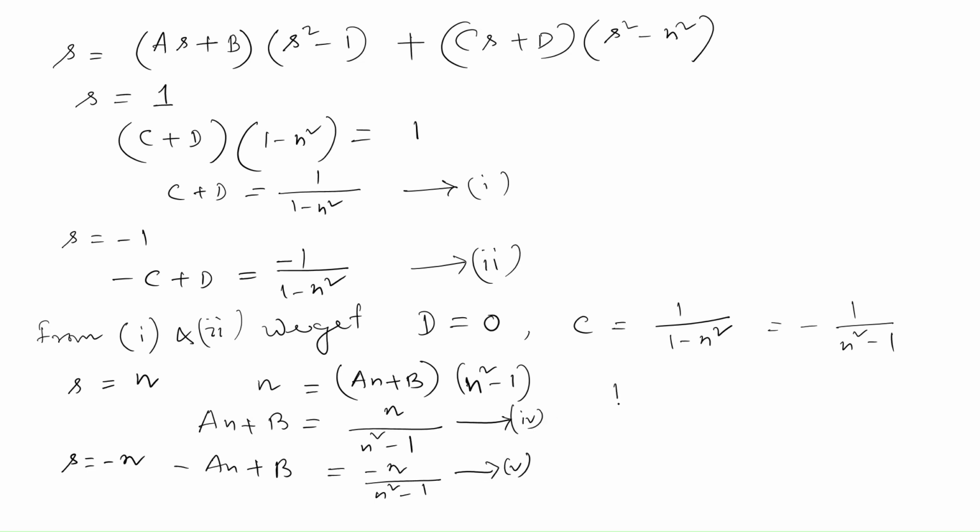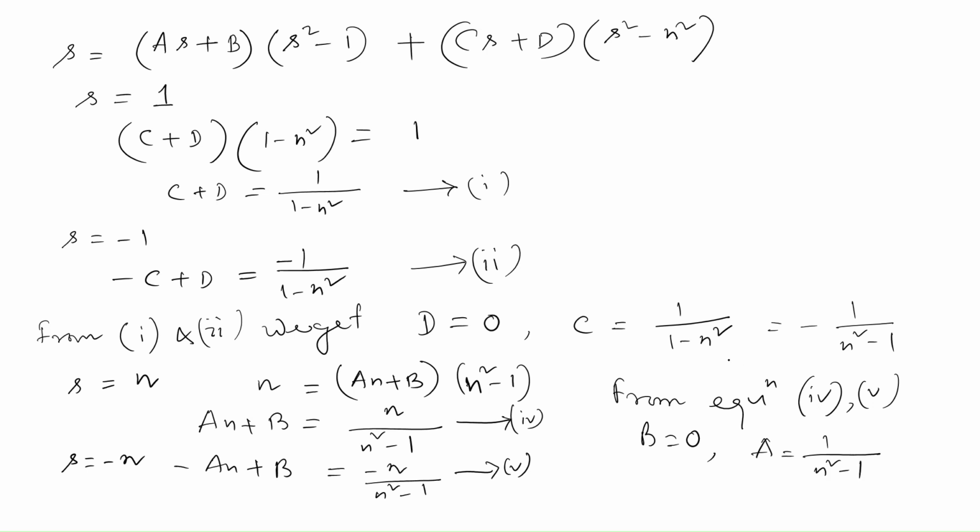So from equation 4 and 5 we get, look, if we add them, an minus an will be cancelled and twice b and right hand side cancel, so b equals 0. And putting b as 0, we are getting an as n by n square minus 1. N will be cancelled, so a equals 1 by n square minus 1.